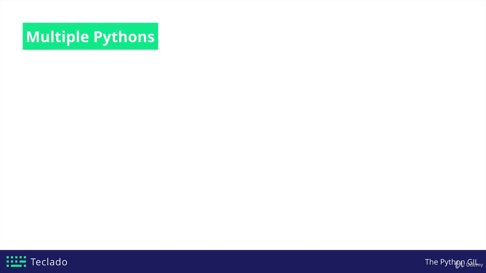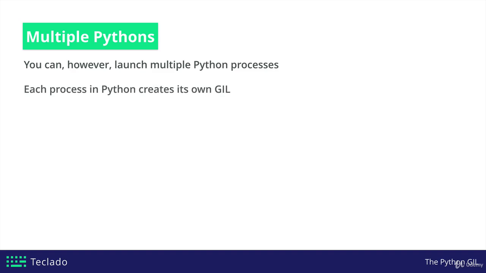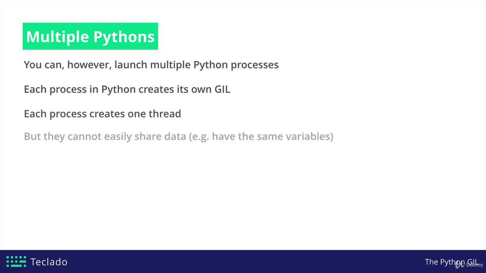So what about multiple Pythons? I'm sure you have run multiple Python apps before, and they ran side by side, right? Well, yes, you can launch multiple Python processes, like we saw just by opening another Python app. And that's fine, because each process creates its own GIL, each process creates its own thread, but they cannot collaborate.